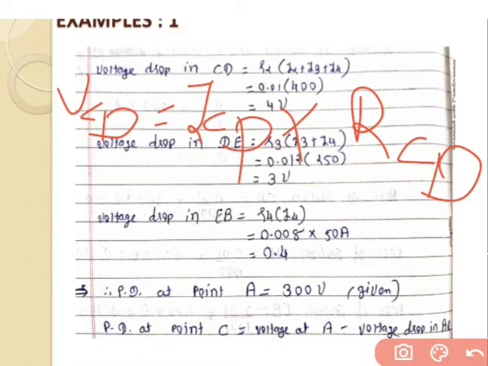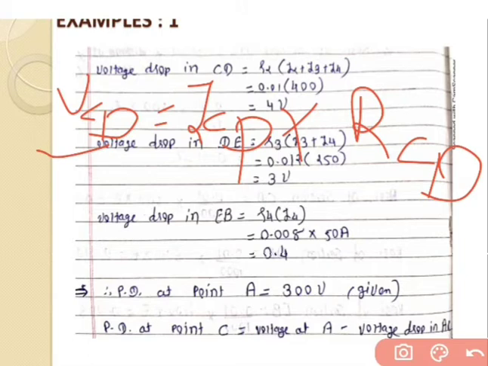Putting the values, R2 equal to 0.01 and ICD equal to 400 ampere, we get the voltage drop in the CD section equal to 404 volt only.